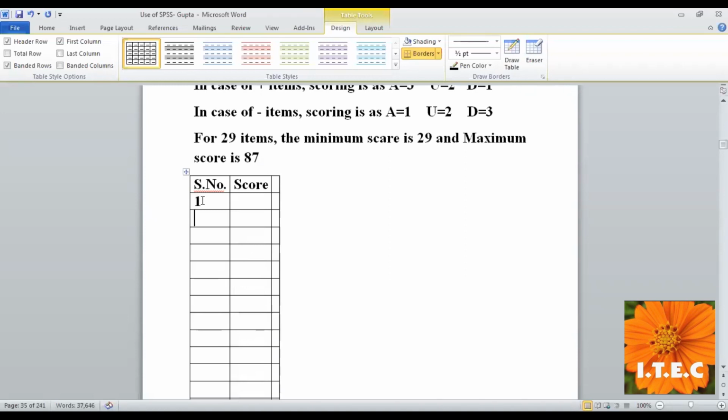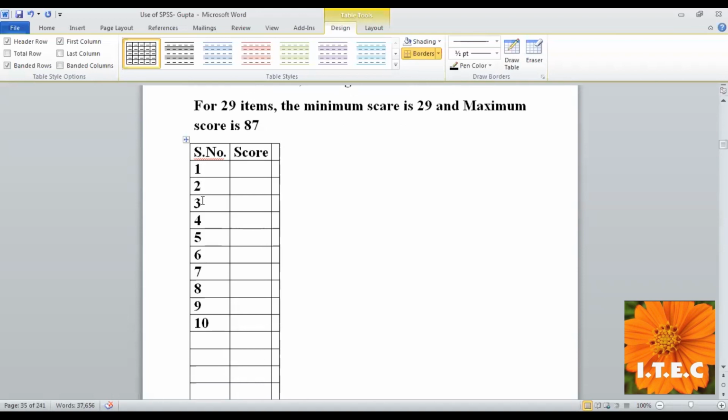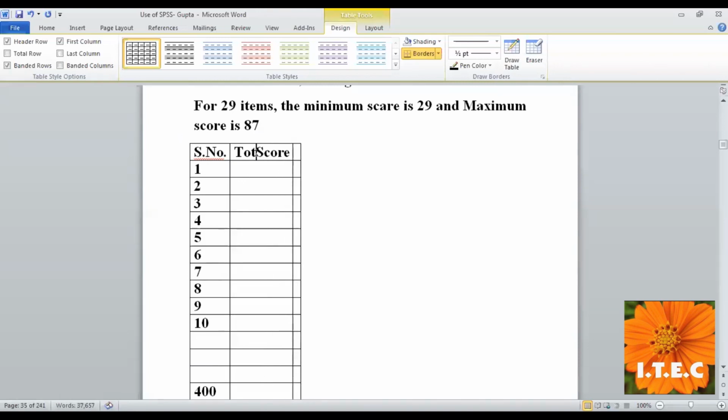The 1 person, 2, 3, 4, 5, 6, 7, 8, 9, 10. You have the scores of the 400 people. And this is the total score. So you know the total score here.